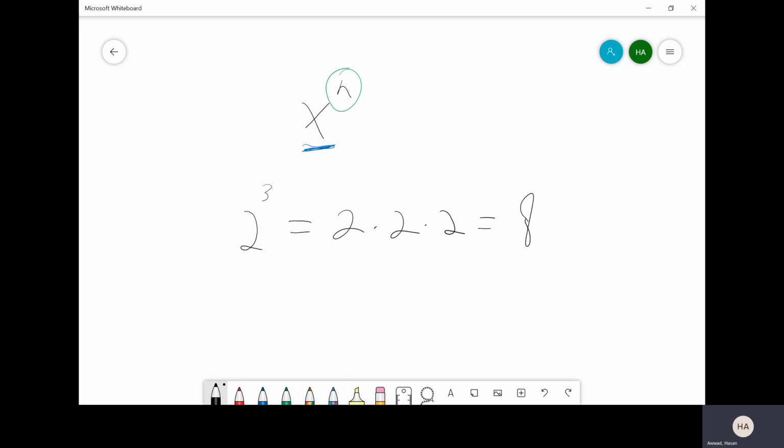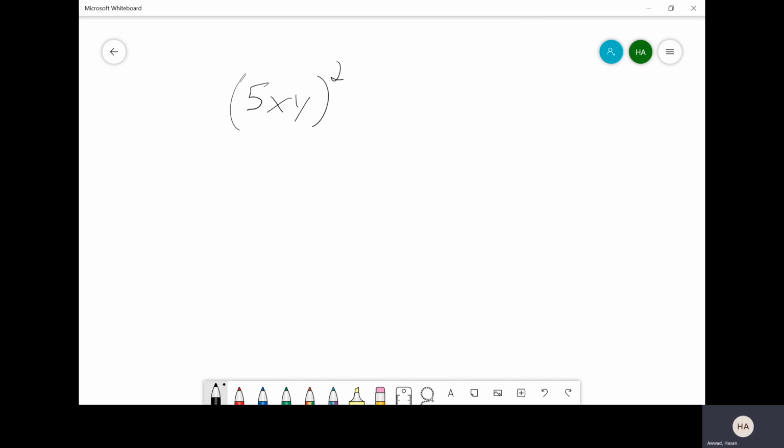So let's go ahead and consider what happens when you have variables where you don't have a particular number. So for example, let's say we have (5xy) squared. What are we doing here? Well, keep in mind here, the exponent is on the outside of the parentheses. And what that means is we have to apply the exponent to each piece, everything that is inside.